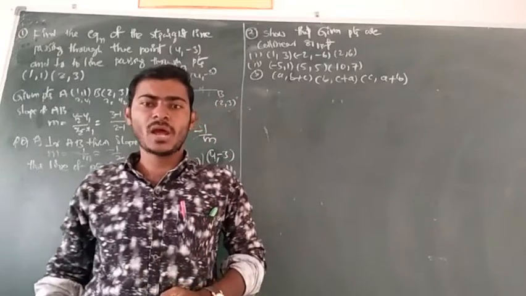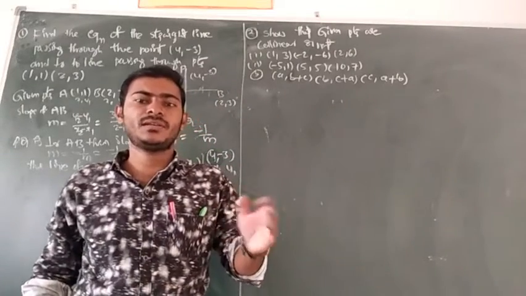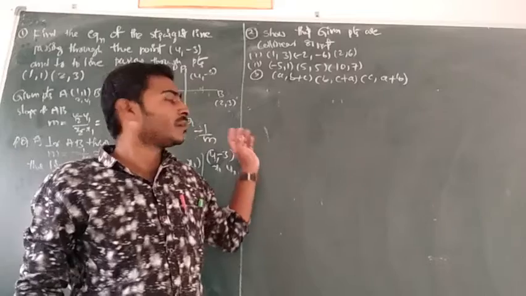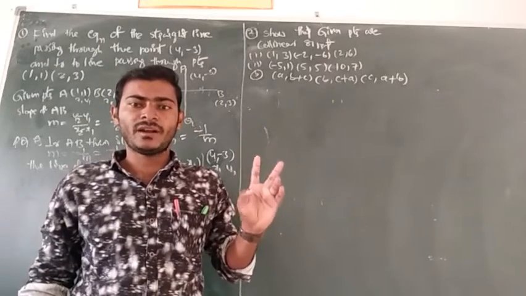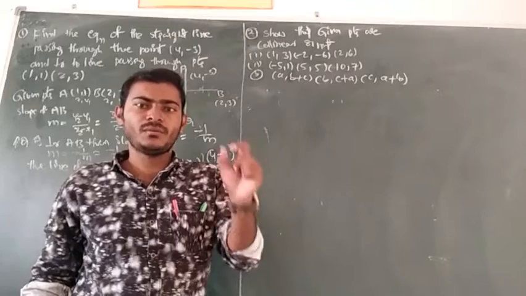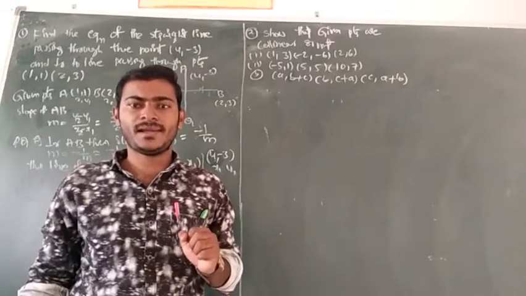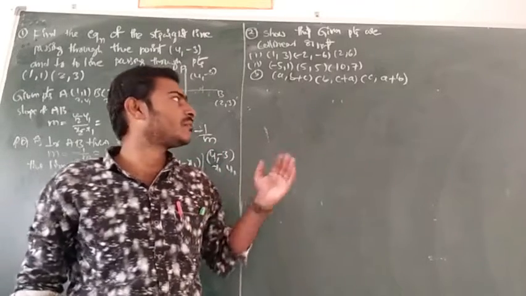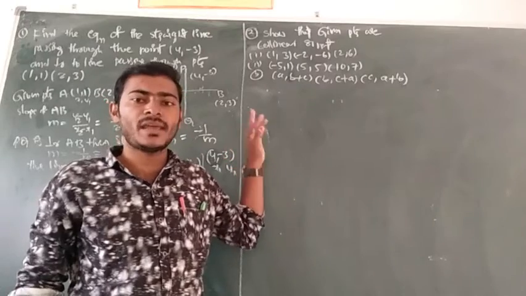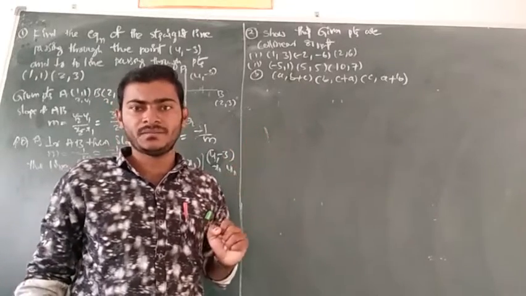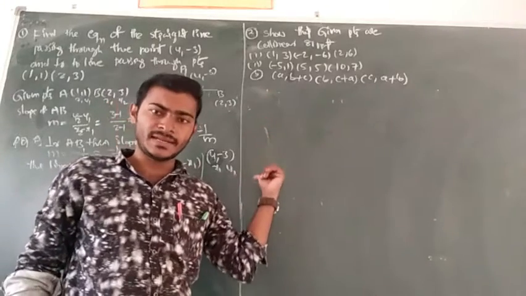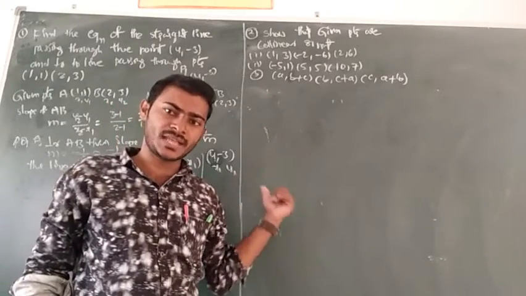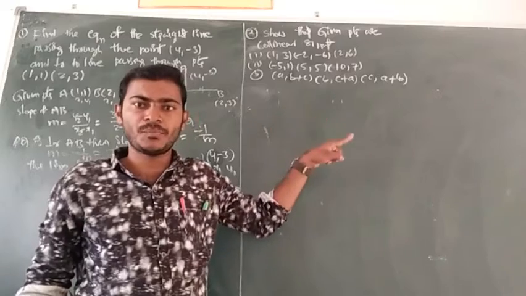Another method to prove that given points are collinear: if three points A, B, C are given, from A and B we find one straight line. Then we substitute the other point C in that line equation, and if it is satisfied, then the given three points are collinear.